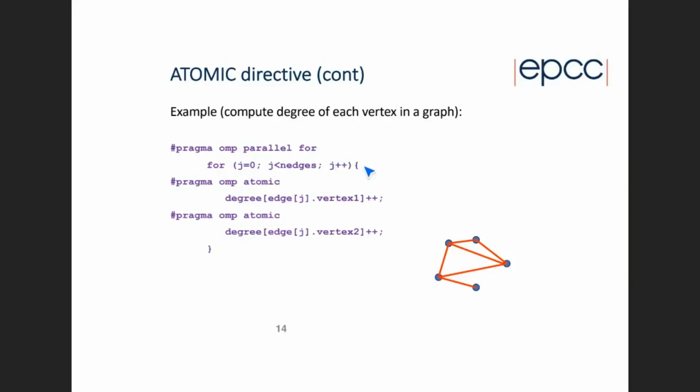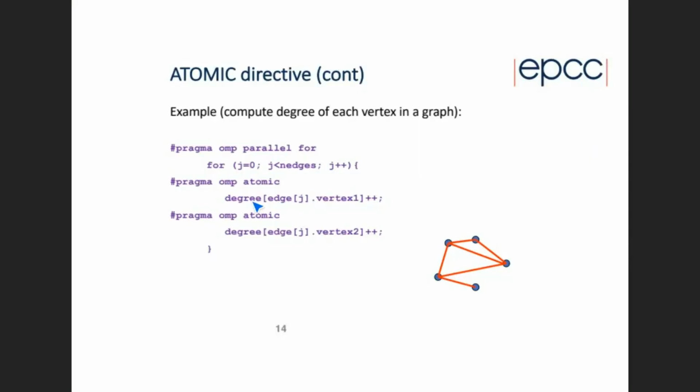But then I have to protect against the unlikely but nevertheless possible case where I have 2 threads operating on edges which are connected to the same vertex, and they could potentially, so 2 different values of j could both involve accesses to the same element of the degree array here.